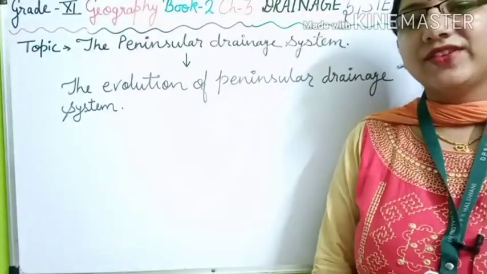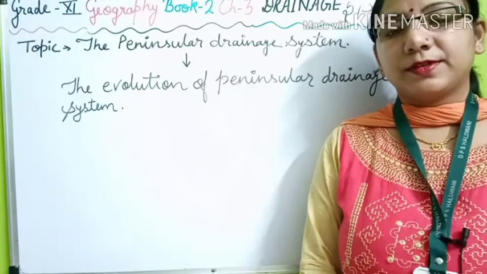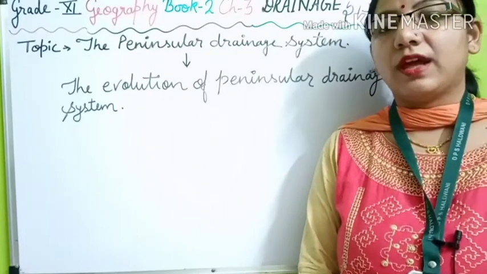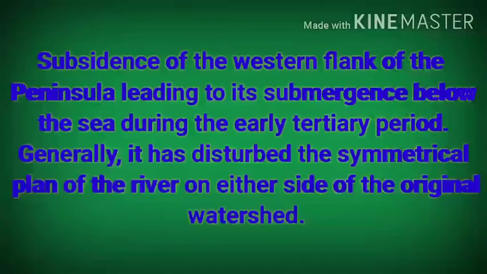Number 1, the subsidence of the western flank of the peninsula, leading to its submergence below the sea during the early tertiary period. Generally, it has disturbed the symmetrical plan of the rivers on either side of the original watershed.